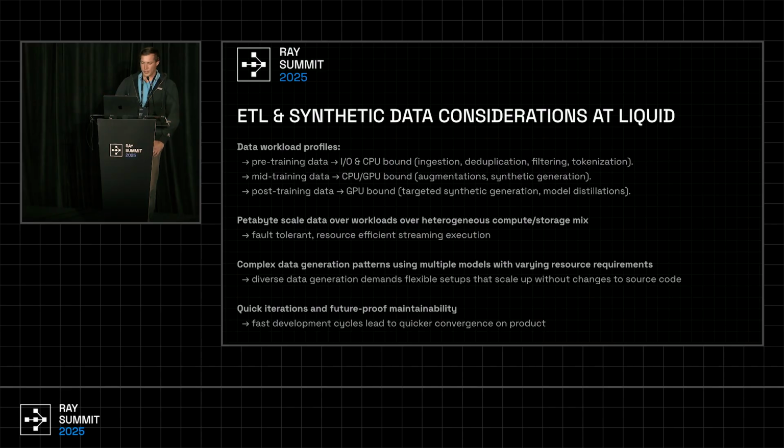And while doing this, we need to consider that AI is moving very rapidly, so iterations need to be very quick, and we want to future-proof our code so that we can quickly onboard what is happening in the field in general. We want to be able to add new models quickly and add new patterns of data generation to our code base without making major revamps of the code.